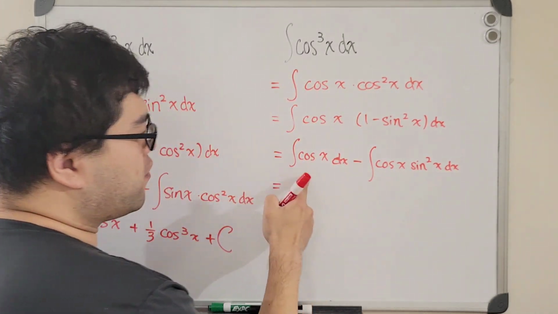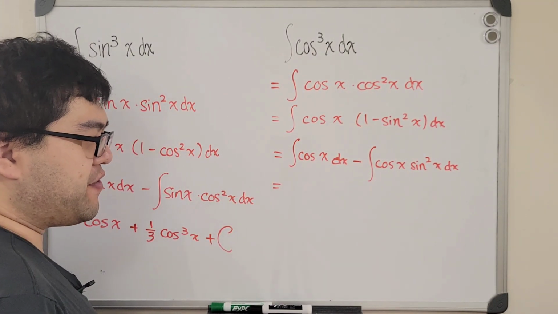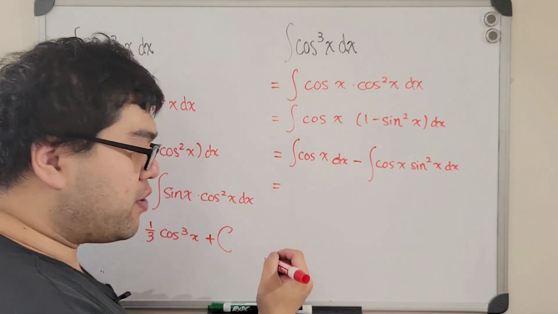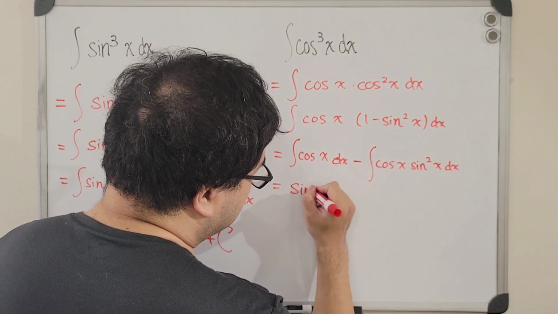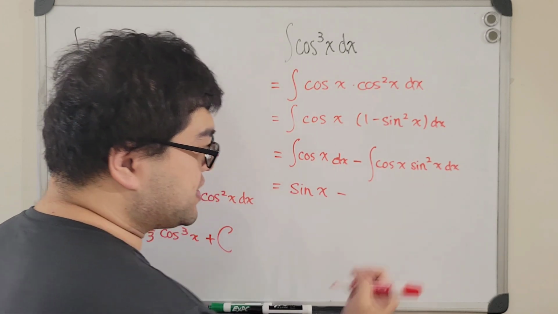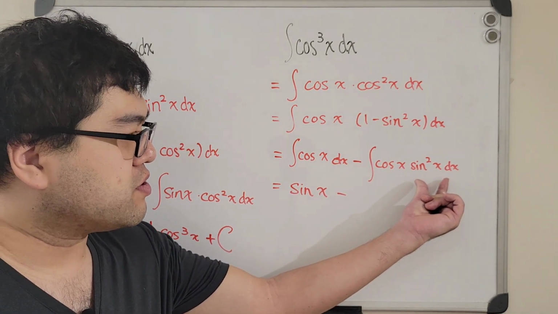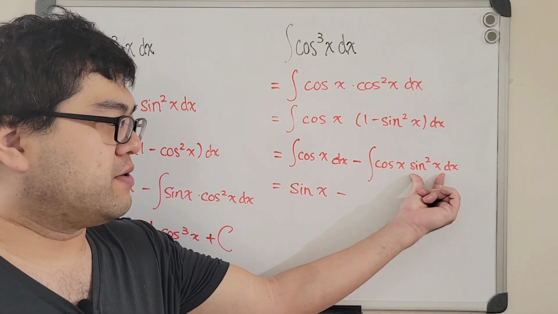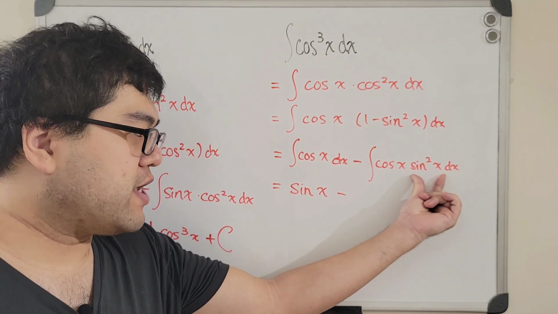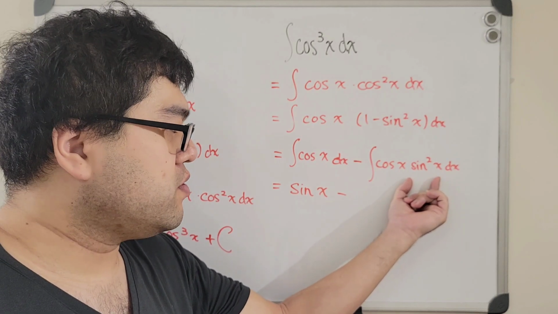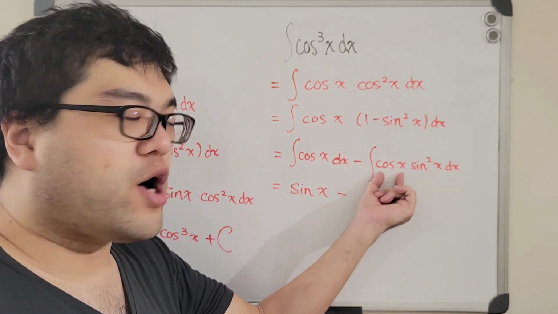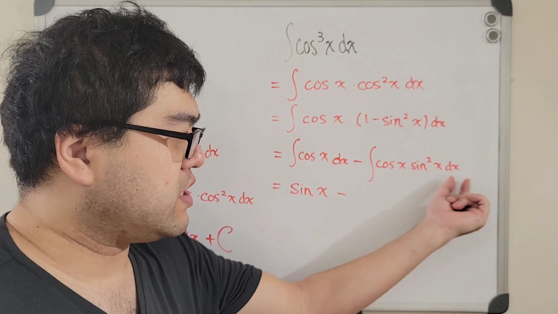And again, the first term is actually very fundamental. Hopefully you all remember it is just sine of x. And then for the second term, we're going to do a u sub again. This time, of course, we're going to take u to be sine of x, such that when we take the derivative of u, we get du equal to positive cosine of x dx.